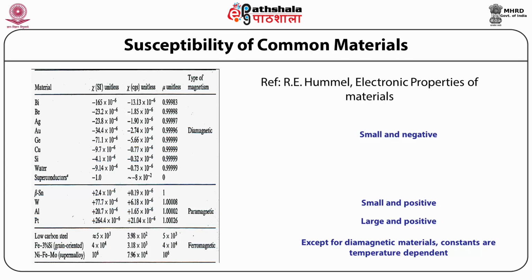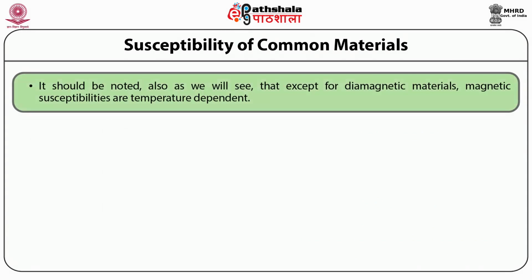Whereas for paramagnetic materials, the susceptibility is still small, but it becomes positive. Whereas for ferromagnetic materials, susceptibility is very large and it is a positive quantity. It should be noted also that except for diamagnetic materials, magnetic susceptibilities are temperature dependent.